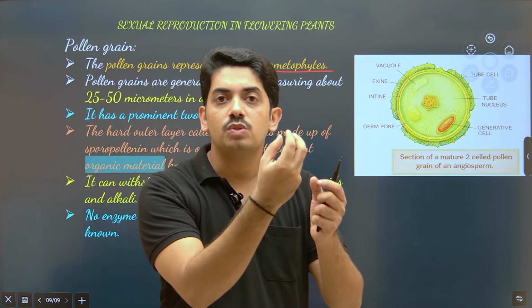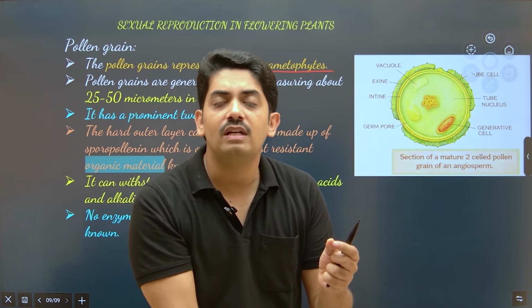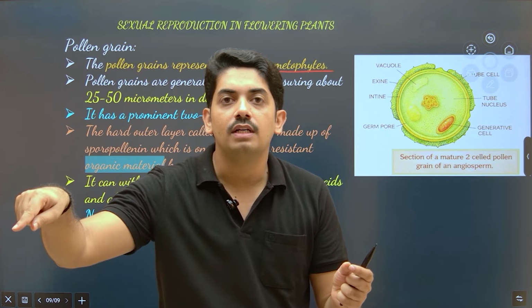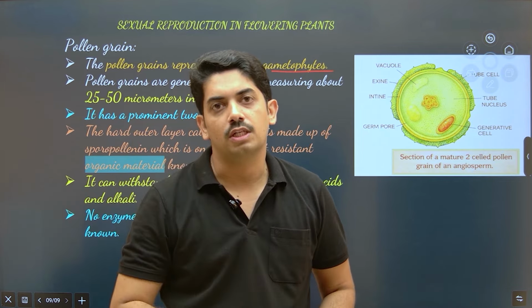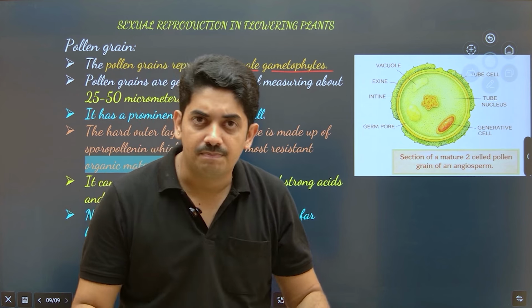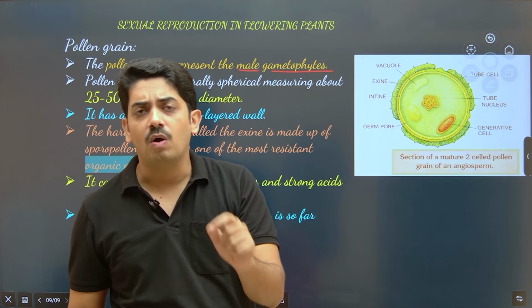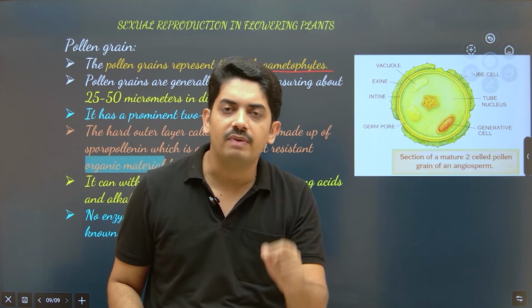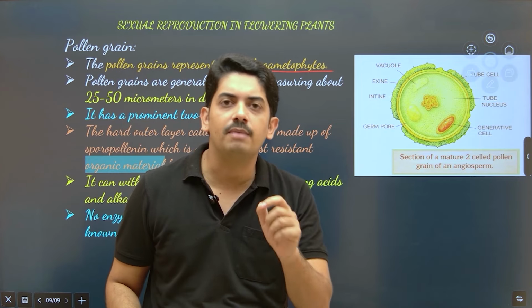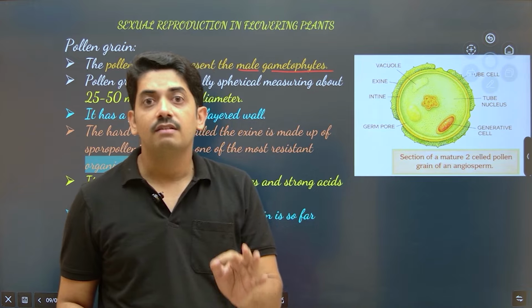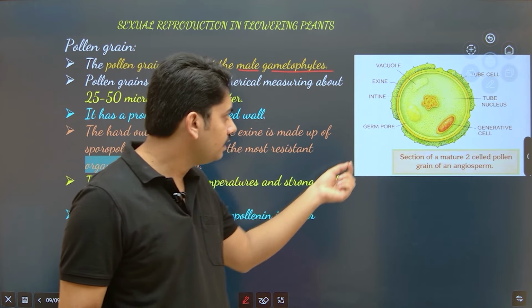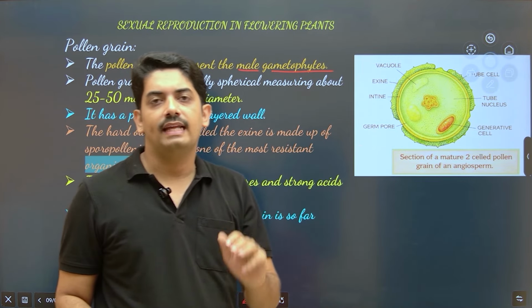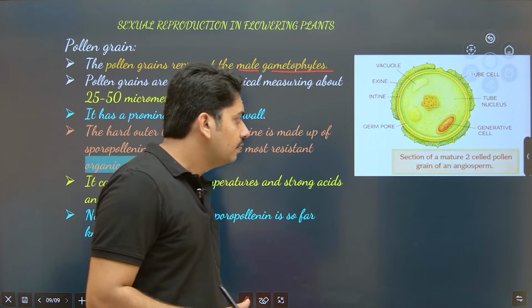Now it has to germinate the tube, then only it can reach its male gamete to the female reproductive structure. That's why germ pore is a very important structure where exine is absent. For your competitive exam, all these details are very important. Intine is entire, exine is interrupted. Where it is interrupted? Where germ pores are present, there exine is interrupted.